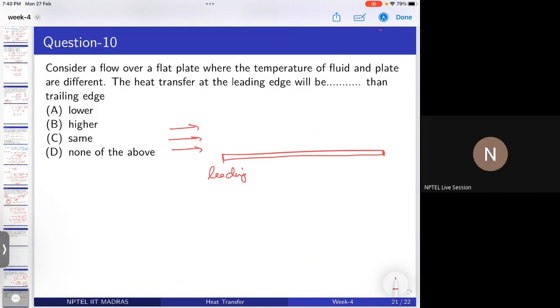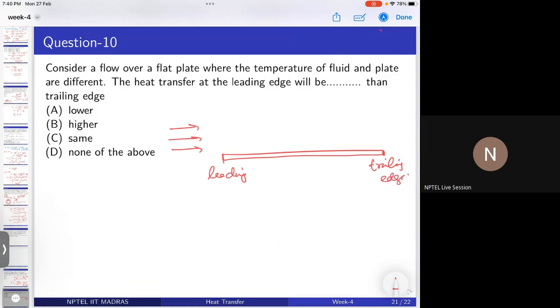So if the flow is from left to right, which is leading and which is trailing? Here the left is leading. The edge that encounters the flow first is the leading edge, and the other end is known as the trailing edge.